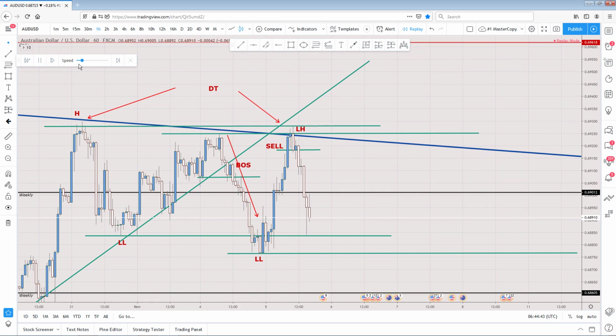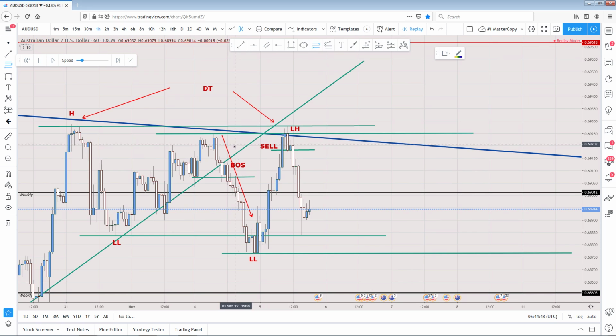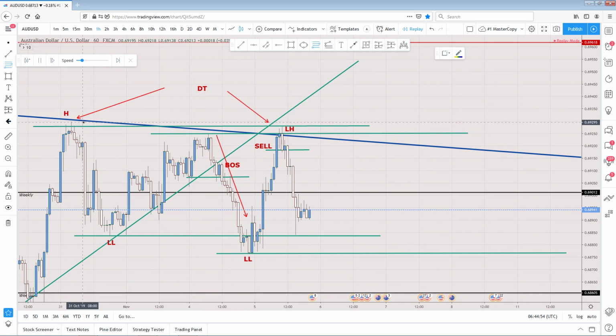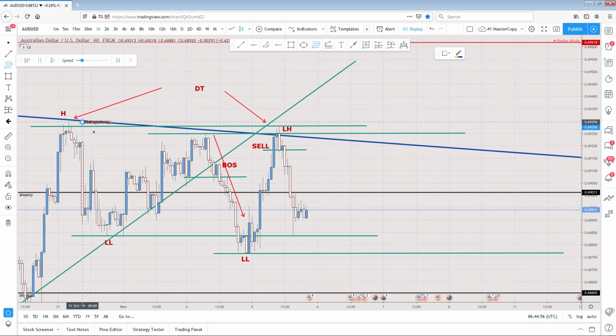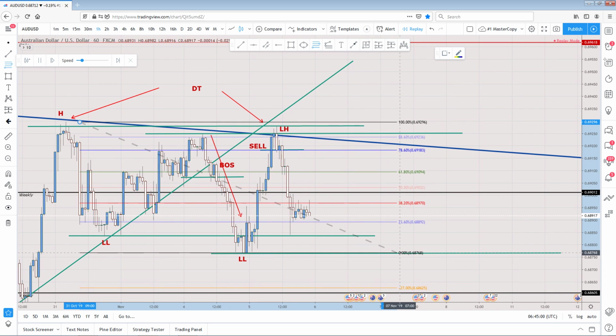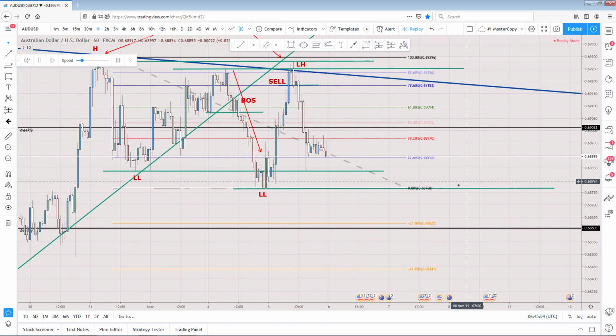And let me try to run some fibs. So I can run fibs from here to here, just to give us some targets.